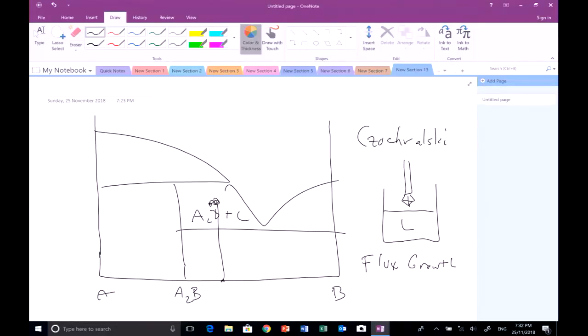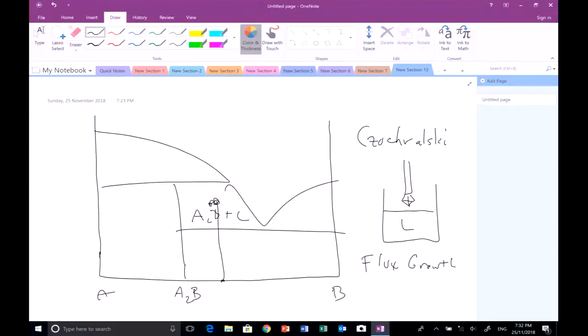A2B in liquid. So, if I'm clever, if the A2B crystals float, I can skim them off. I don't have to cool it down. But if they sink, I can pour the liquid off and get rid of most of the liquid, and then I've got the crystals concentrated at the bottom. Or I can just let the thing sit in a crucible and pick them out later, whatever. So there are three ways I can approach it, but I'm stuck with the problem of crystals in a matrix. But that's the only way I can do this. And as long as I have crystal plus liquid, I can do flux growth. And that's your alternative.